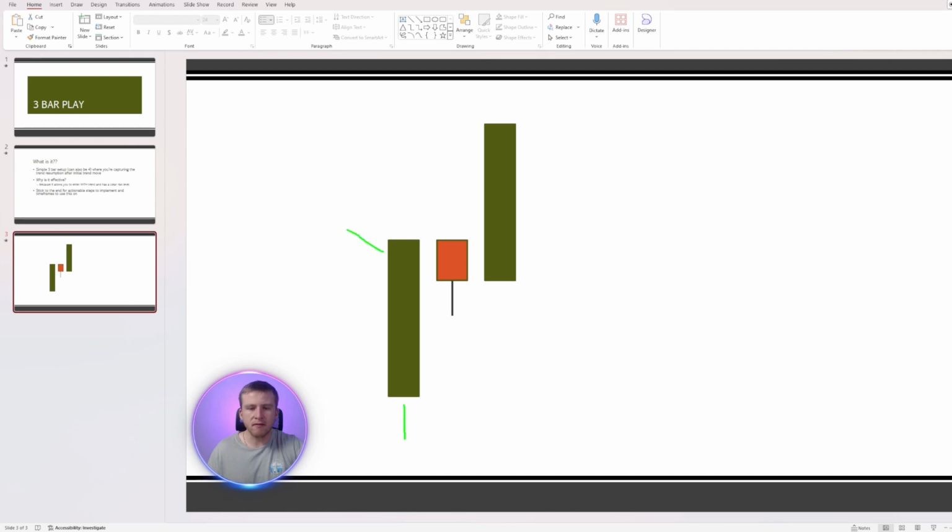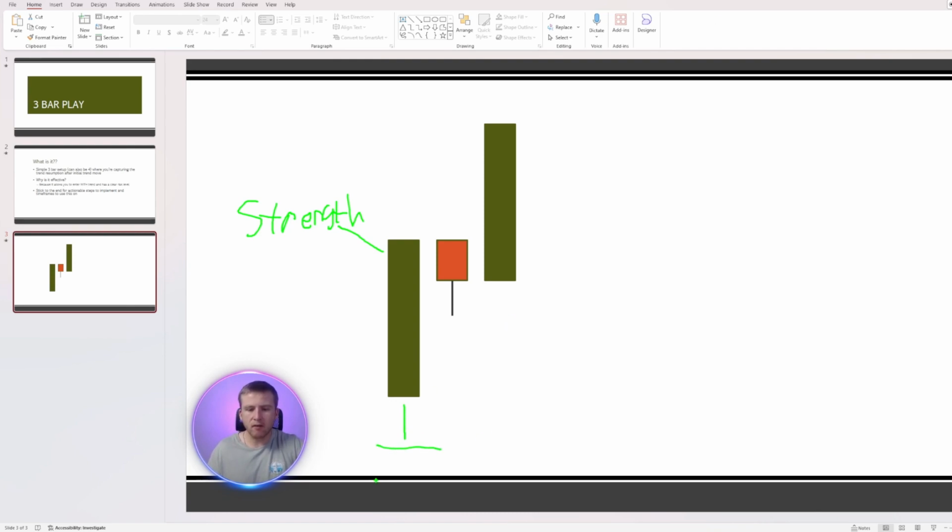The significance of bar number 1 here is you want to see strength. You want to see the buyers step in here and put in a strong bullish bar like what we see here. The stronger and bigger the bar with more volume, the better that this bar is going to be.